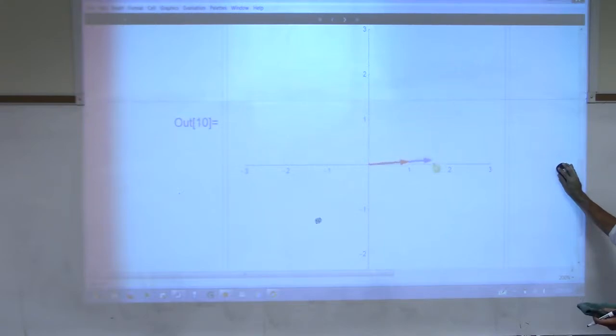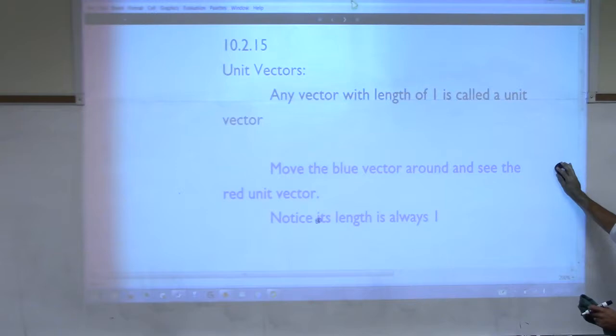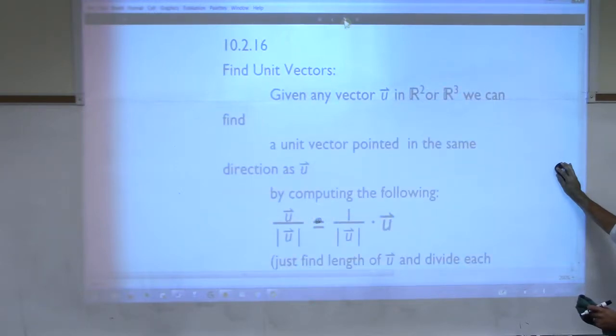Like if I move this over here, notice that that red vector is always a length of 1. Even if the vector's smaller, even if the vector's shorter, I should still be able to point something out in the same direction and have a length of 1. With the exception of the 0 vector. I should not be able to find a vector pointed in the same direction as the 0 vector. So that's our one limitation. How do we do it though?